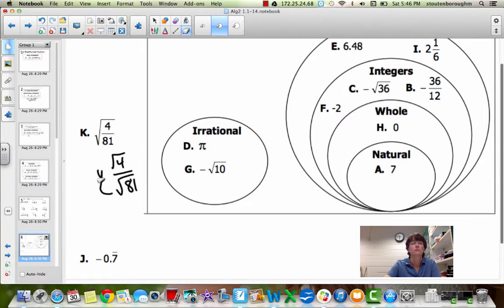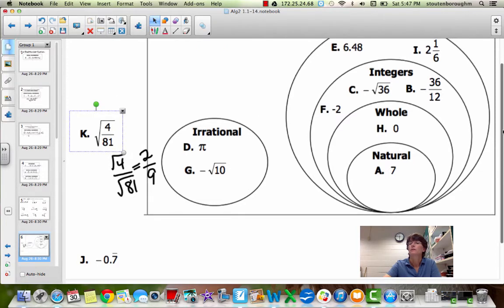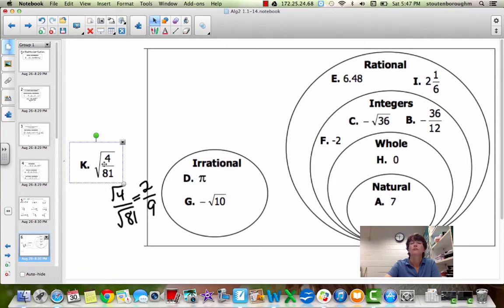Let me erase my little mistake here. And we would get square root of 4 is 2, and the square root of 81 is 9. So that would break down to a fraction. So this square root of 4 over 81, let's push that up just a little bit, that's going to go in our rational category.